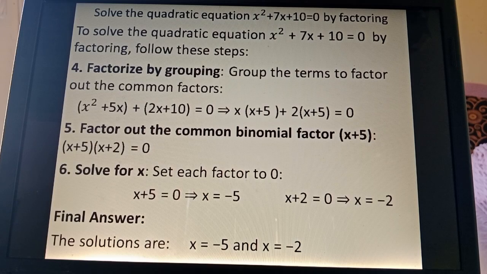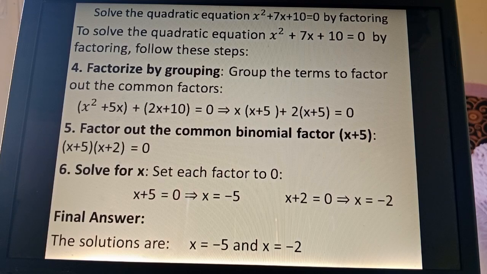And this implies that when you factor, the first part will be x times x plus 5, plus 2 times x plus 5 is equal to 0.